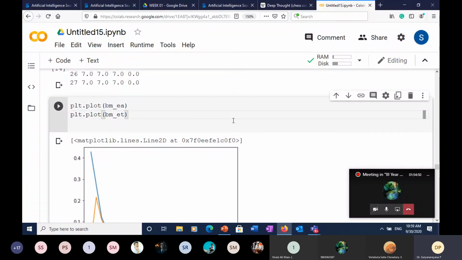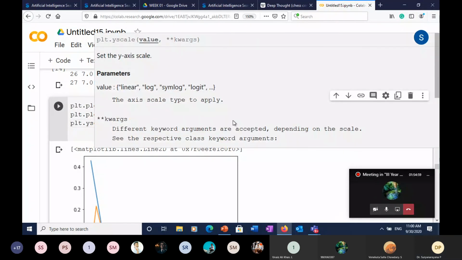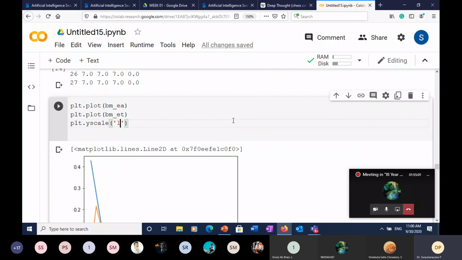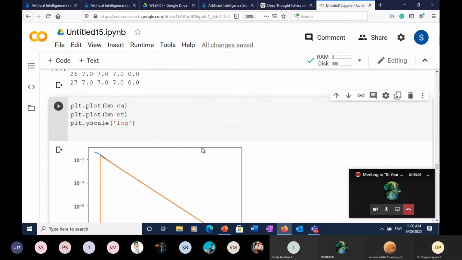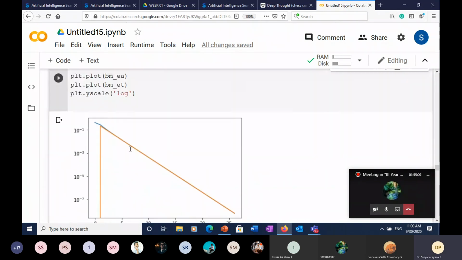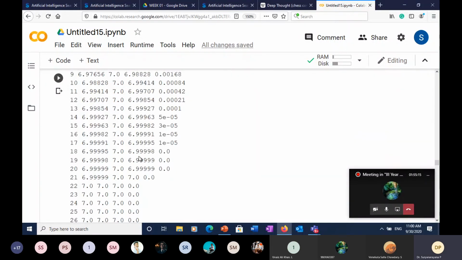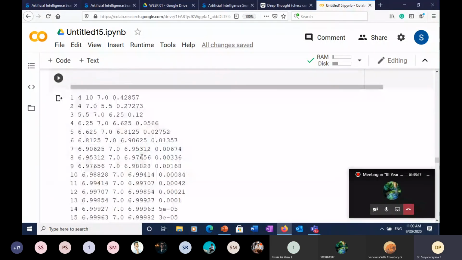And to be able to see this clearly, what I'll do is plt dot y scale. Y scale will take it as logarithmic scale, log scale. Now, if you plot it, I'm still a little surprised with this. Did I make a mistake with the other calculation somewhere?